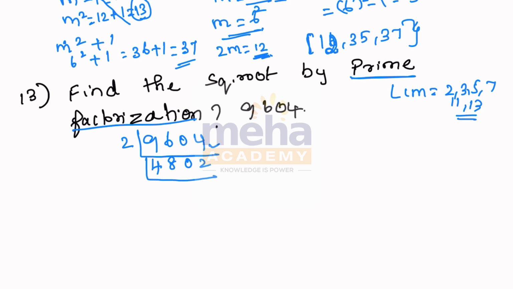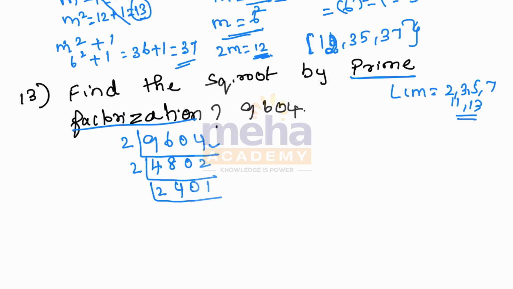Again we do this with the 2 table: 2 2s are 4, 4 2s are 8, 0, 1.